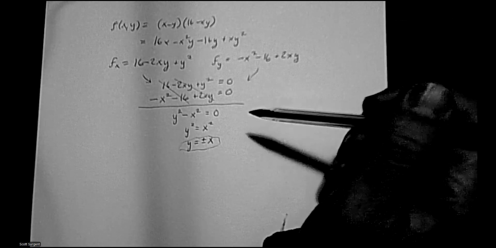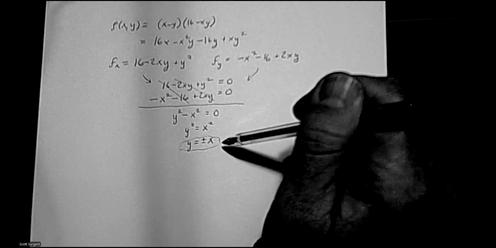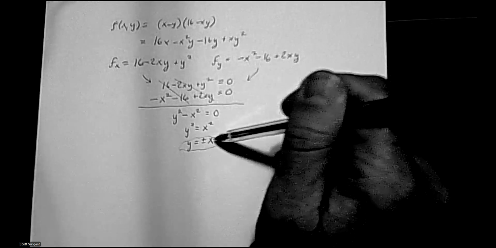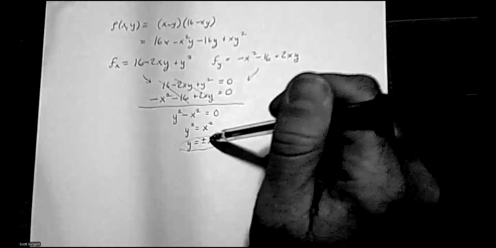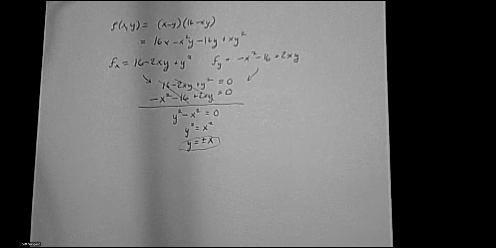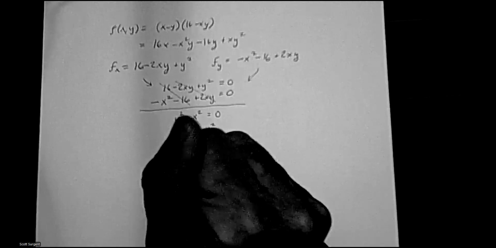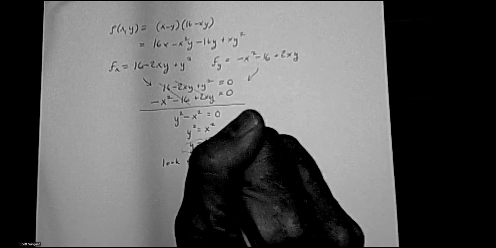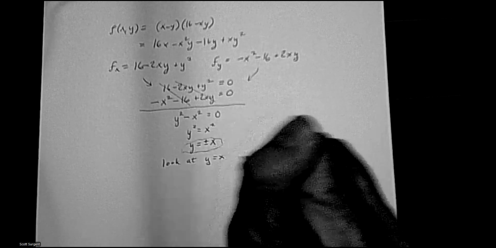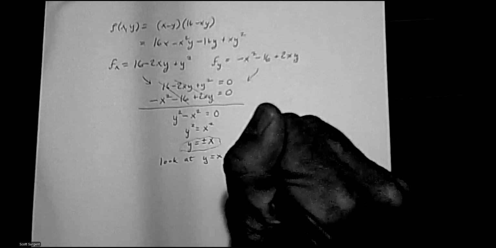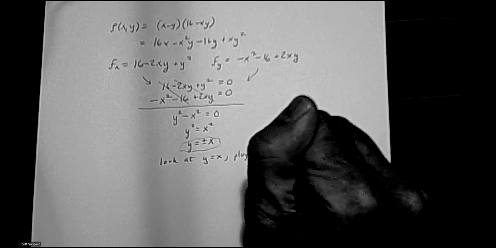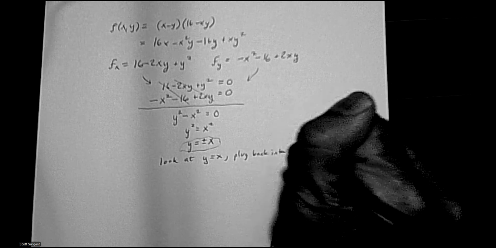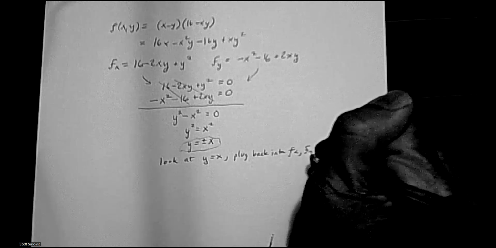So what you do is you take, let's say y equals x, and you actually plug it back in to the original derivatives. So let's look at y equals x, and we plug back into the partial derivatives.